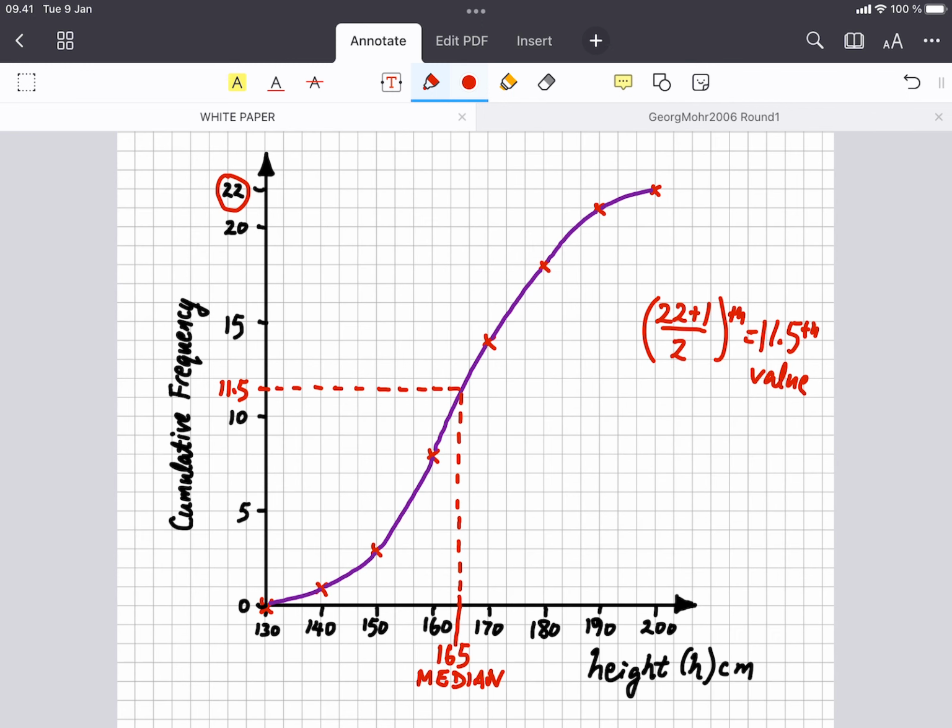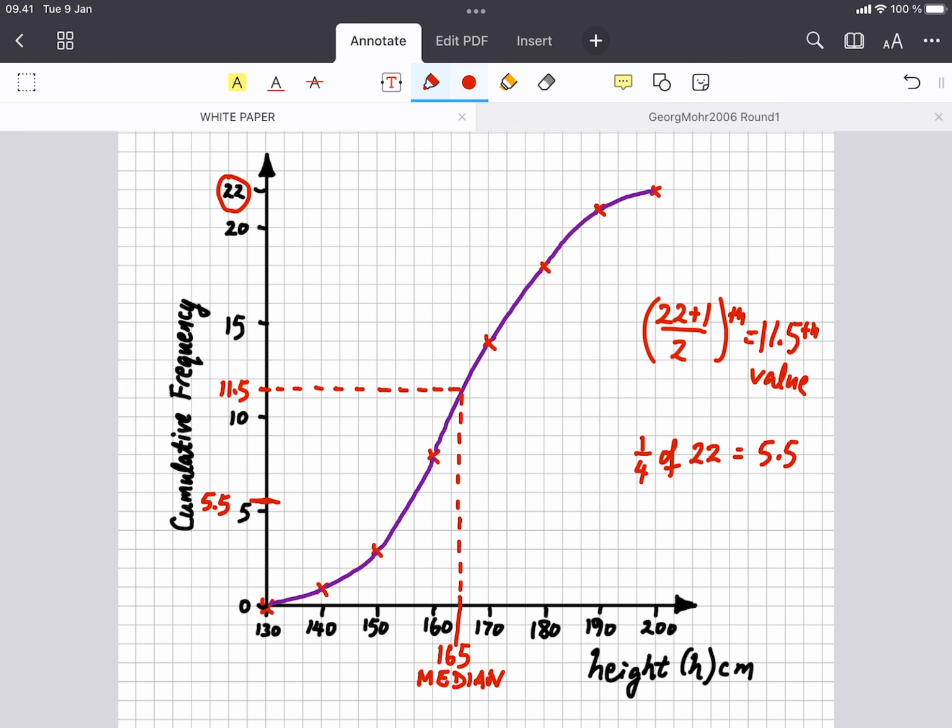Now, I can use the cumulative frequency curve to get estimates for the quartiles. If I think about the fact that I've got 22 people, a quarter of 22 is 5.5. So the 5.5th person is the person who would be 25% of the way along the data.